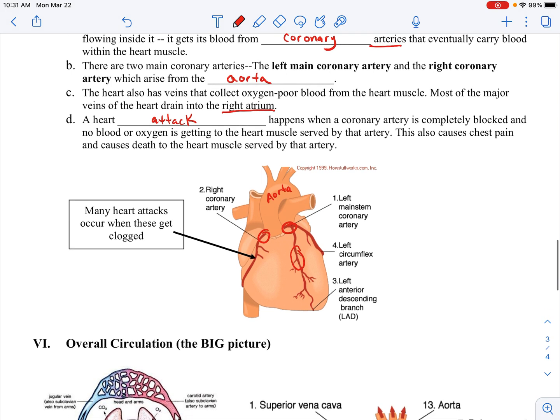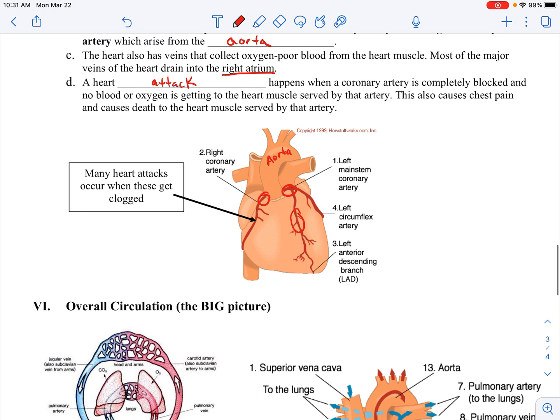And they typically occur when the coronary arteries narrow because they're getting clogged, often from cholesterol, either genetically or from the diet of the person. So it's important to keep those coronary arteries nice and open, and diet and exercise can help to do that.